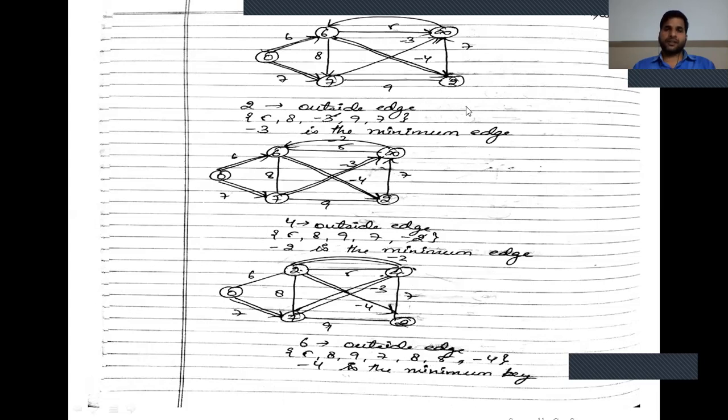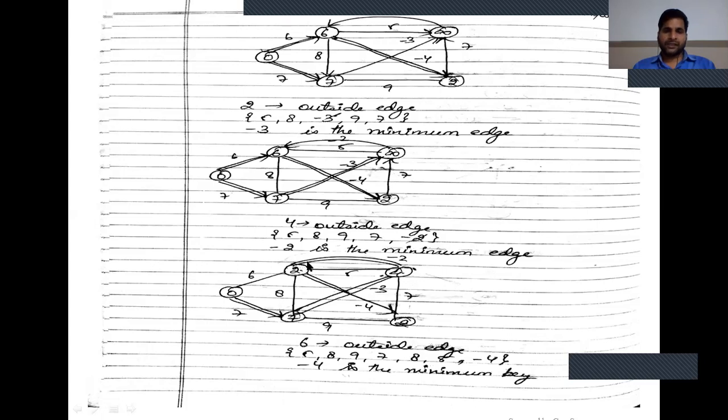After including this, we include the adjacent edge weights of this vertex in the given set. So we can write 8, 9, 7, minus 2. The minimum is the value minus 2. So we update the value: minus 2 plus 4 equals 2.